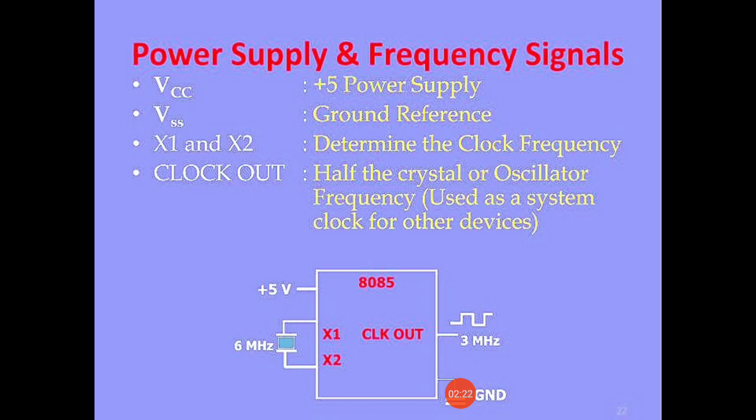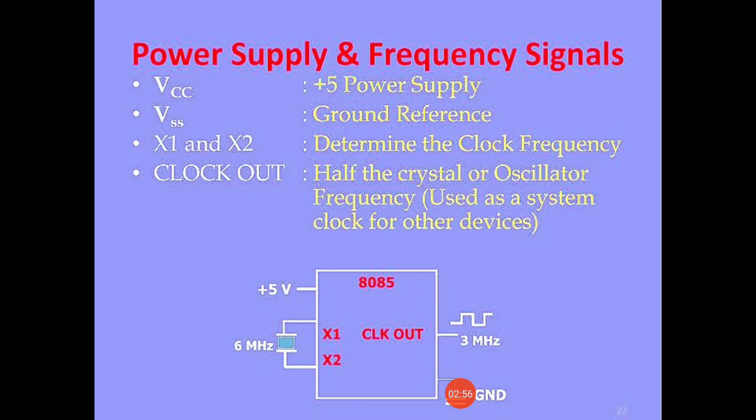Then X1 and X2. A tuned circuit like LC, RC or crystal is connected at these two pins. The internal clock generator divides the oscillator frequency by 2. Therefore, to operate a system at 3 MHz, the crystal or tuned circuit must have a frequency of 6 MHz.